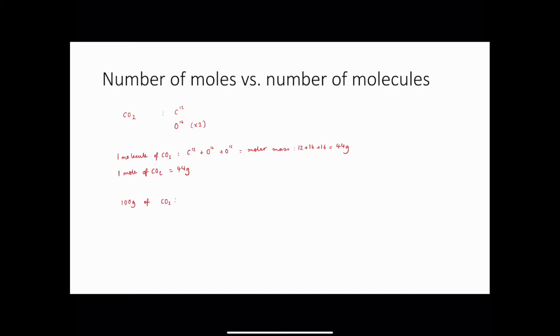So if we've got 100 grams, we want to figure out how many moles of carbon dioxide we have. So we've got 100 over 44. That's going to give us 2.27 moles. And therefore the number of molecules, if we've got 2.27, we can multiply that through by Avogadro's constant.